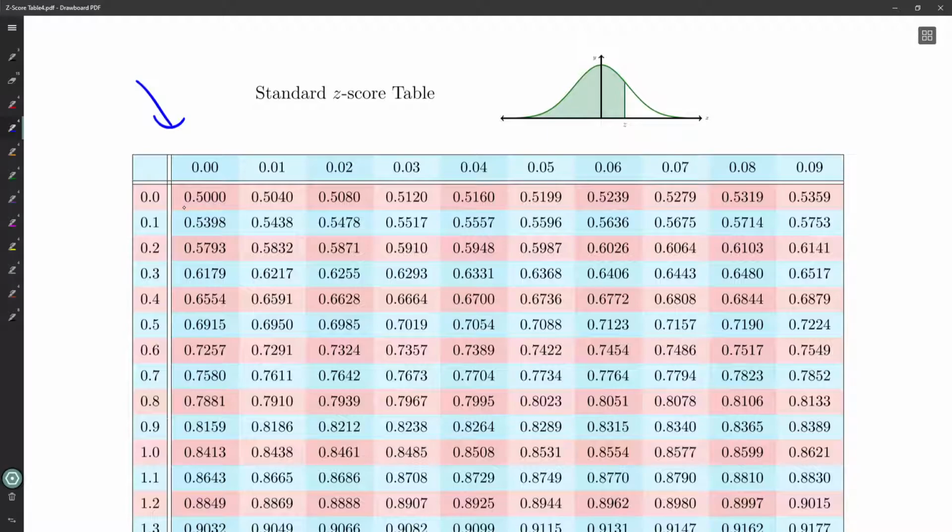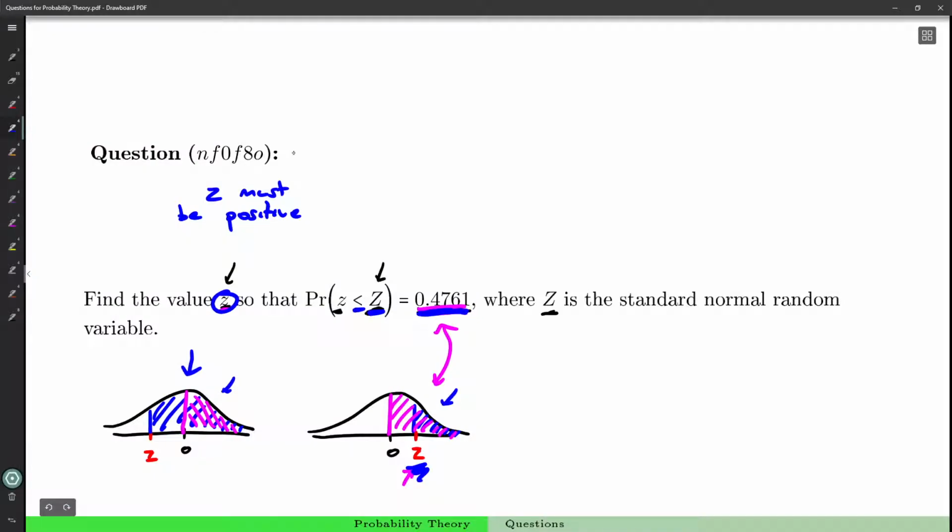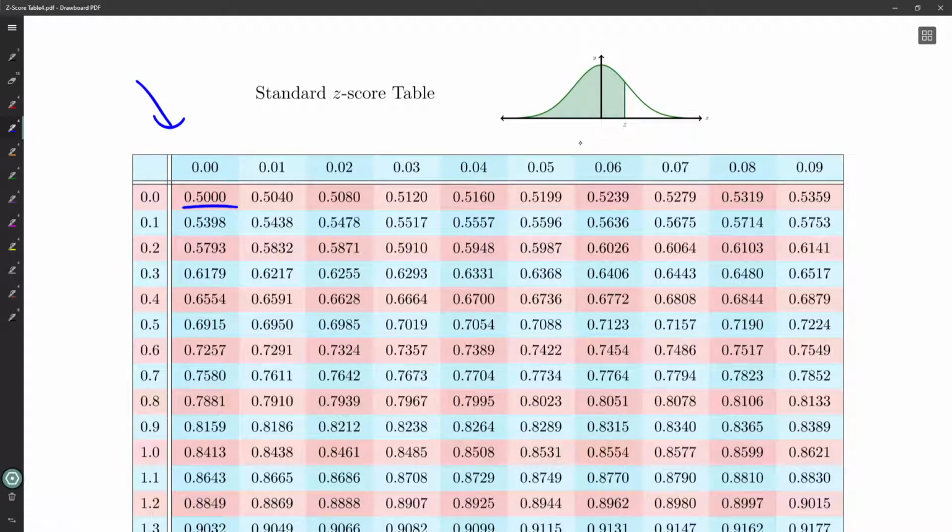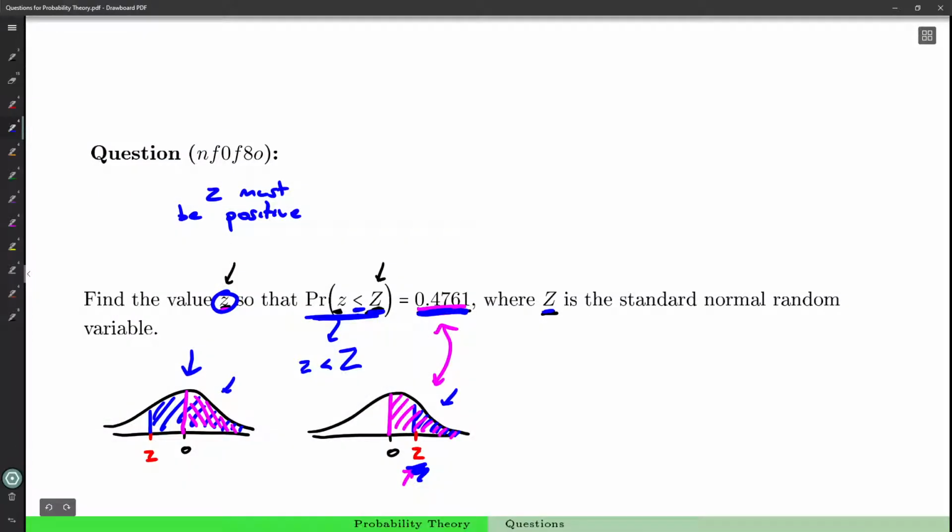You'll notice that the smallest this table goes is 0.500, so the 0.47 is not in here. That's a great tip-off that we've got to do something. Additionally, the table doesn't cover these sorts of Z greater than little z events. It deals with the probability that capital Z is less than little z, so it's the wrong way around. So we make these observations, and pictures are great.